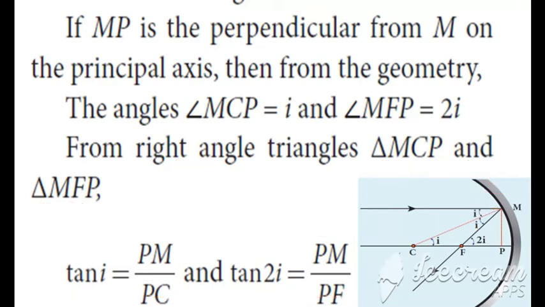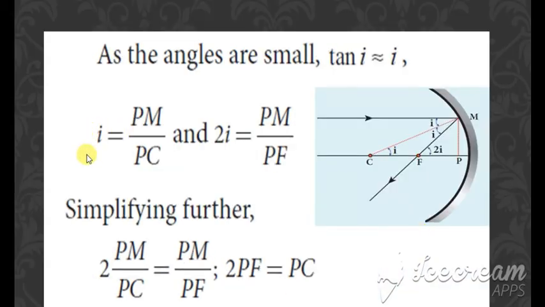Next, if we consider the value of tan to be very small, neglecting tan, we will just write I alone. So I is equal to PM divided by PC, and 2I is equal to PM divided by PF. Now this value of I we are going to substitute in this place.